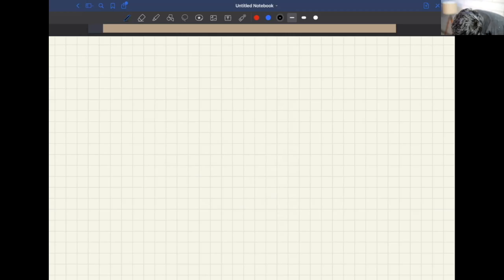Let's say a number is given like 1 0 1 1 0. And the question is, what is the fifth bit? 1 2 3 4 5. If I'm taking from the first bit, second, third, fourth, fifth. This is the fifth bit. How do I find this?